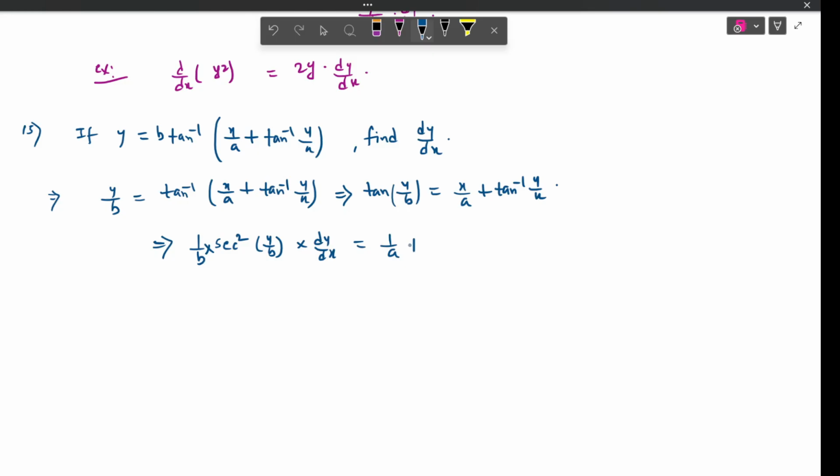Differentiation of x is 1. And differentiation of tan inverse x is 1 by 1 plus x square. That is 1 by 1 plus y by x whole square. Now you have to differentiate y by x, so you can apply the u by v rule here. So x dy by dx minus y into differentiation of x is 1.